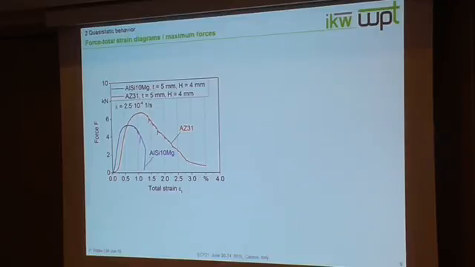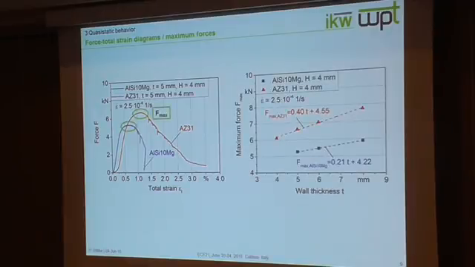Then we come to the quasi-static results. Here a force-total strain diagram is shown for two kinds of specimens: in red the magnesium specimen and in blue the aluminium specimen, with a wall thickness of 5 mm. We compared the maximum forces in the test with the wall thickness of the specimen that was tested.